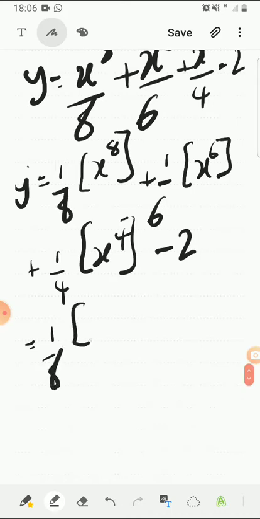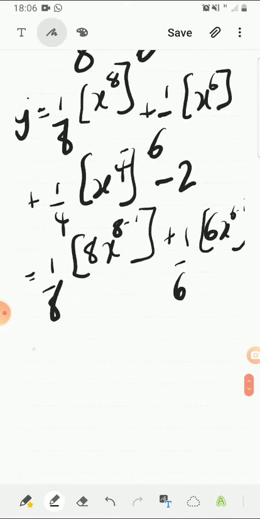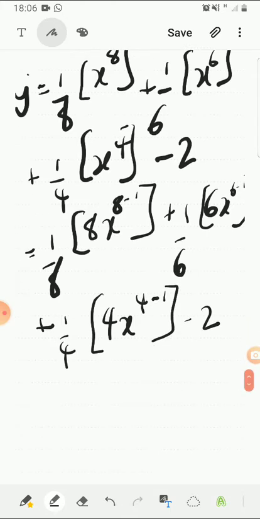you can find that your answer becomes 8. This is the power, it comes down, 8 minus 1, plus 1 over 6. 6 comes down, 6 minus 1, plus 1 over 4. 4 comes down, 4 minus 1, then minus 2.